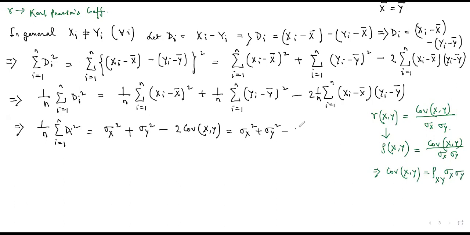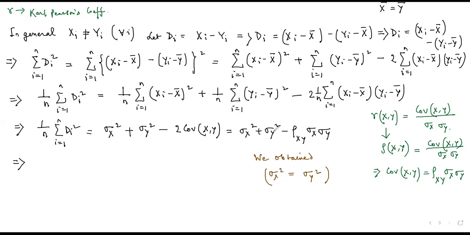Now we can substitute this particular item over here, rho xy into sigma x into sigma y. So we have got our 1 by n summation di square as this. But in the previous page, we also obtained that the expressions of sigma x squared and sigma y squared are the same according to our current situation.